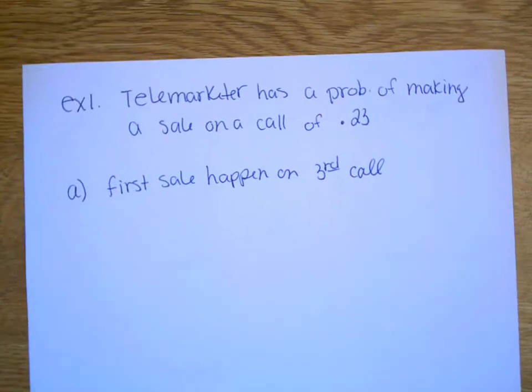So just by that phrasing, would you be able to pick this out as a geometric one? Because it's where that first success happens, not how many. I don't even know my total number of phone calls. Okay, so this is definitely a geometric, and I'm looking for the first success to happen on the third call.